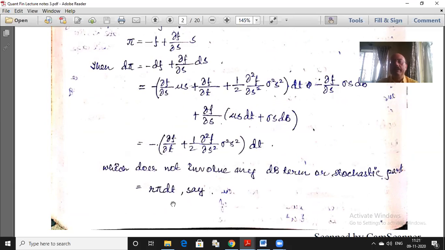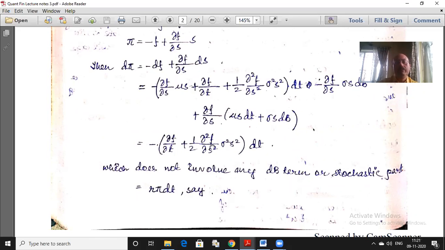That is the bank rate return. So I have this asset pi, it is riskless. So in a short interval of time, dt, the return must be at the rate of r. So that is the crux of the matter in the Black-Scholes evaluation model.